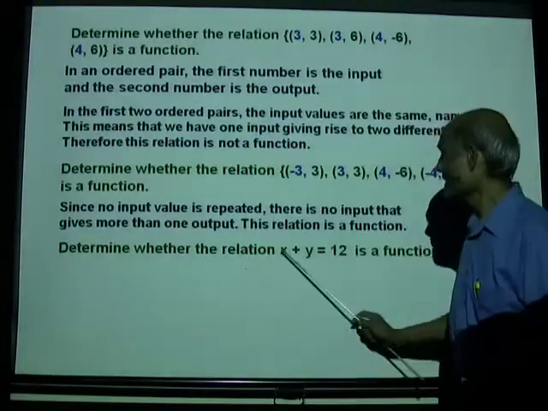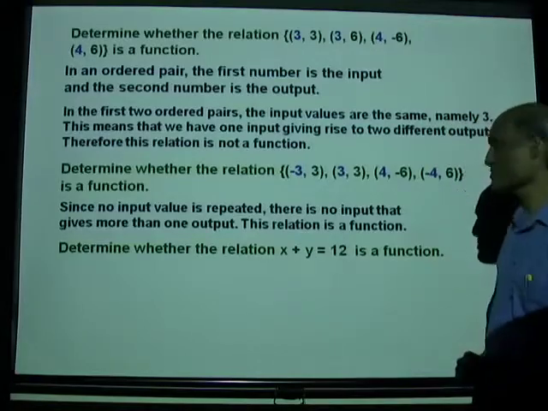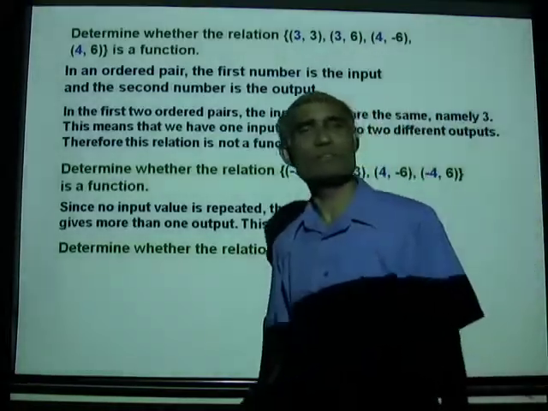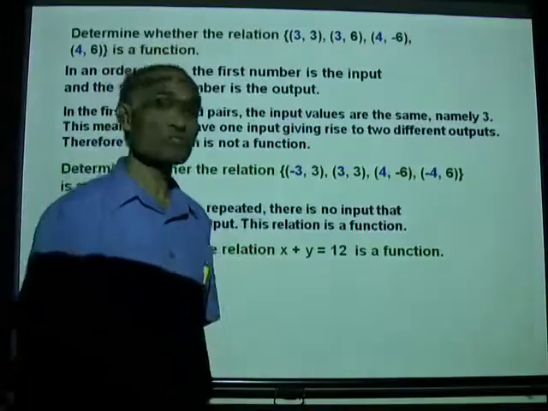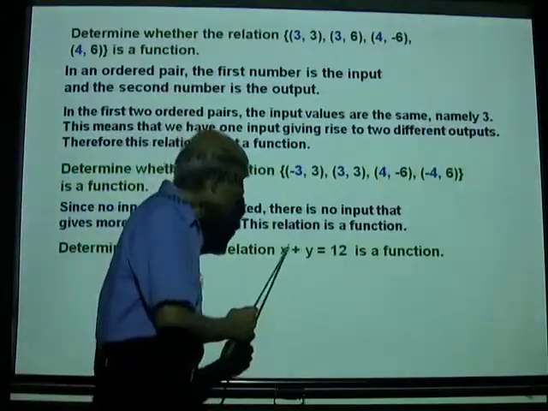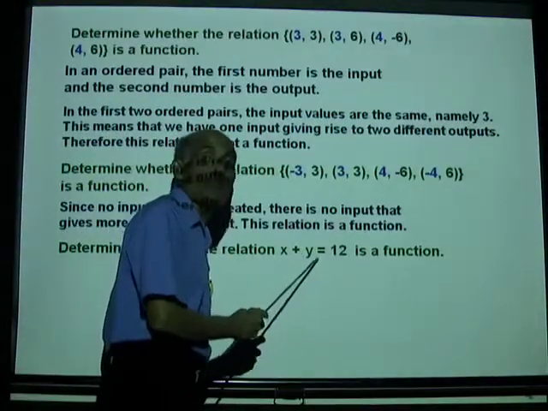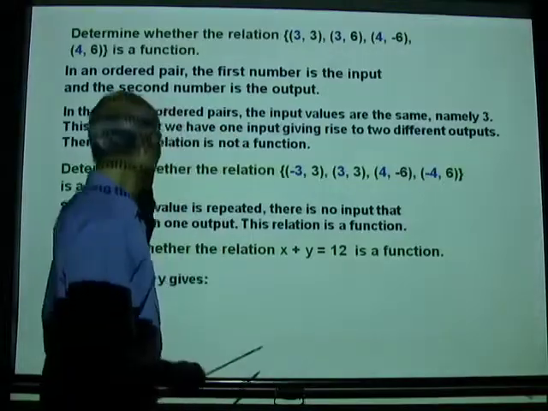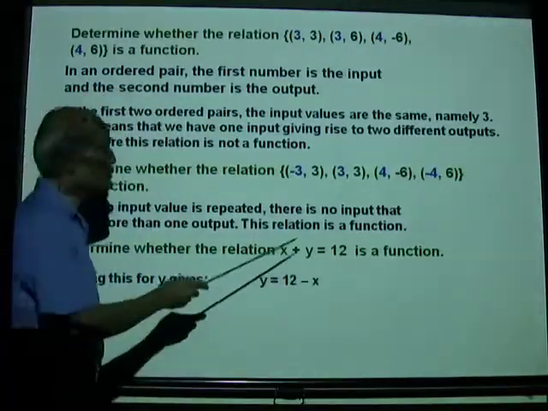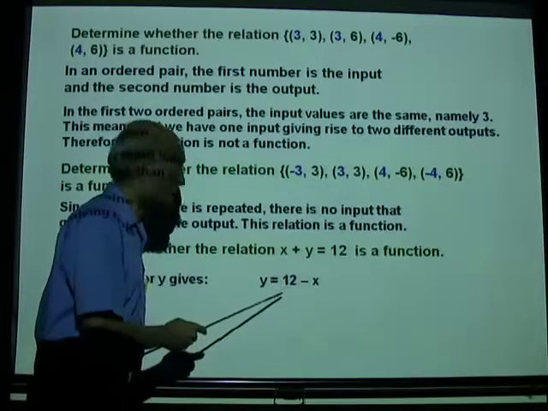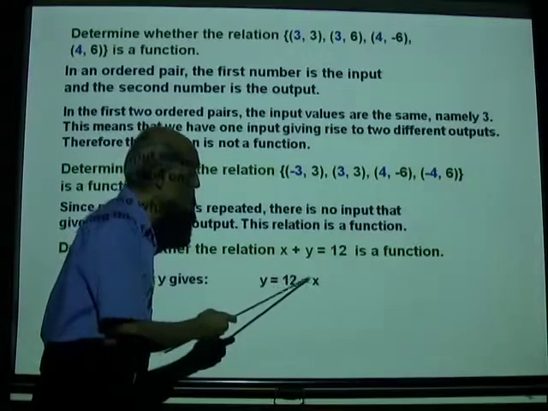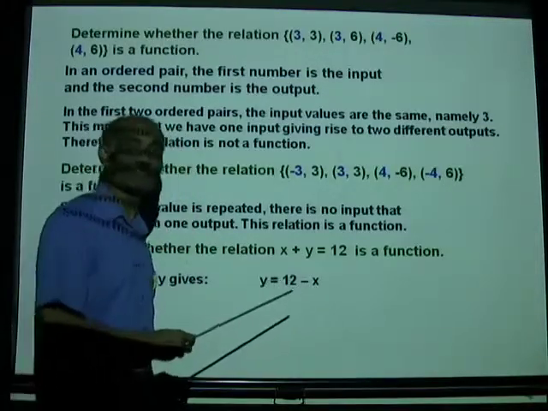How about this? x plus y equal to 12. Is that a function? Well, remember, generally we use x for input and y for output. Therefore, if you solve this equation for y, you get y equal to 12 minus x.